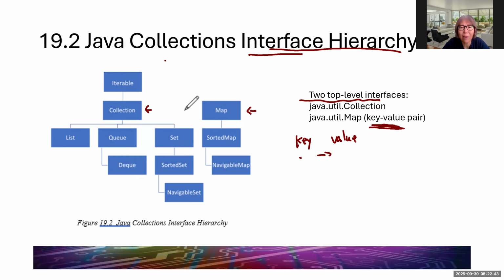So in Java, we call it a map. In the hierarchy, from Collection there are three sub-interfaces: the List interface, Queue interface, and Set interface. For Map, it has SortedMap. We will move to the next slide for a more detailed discussion about this interface hierarchy.